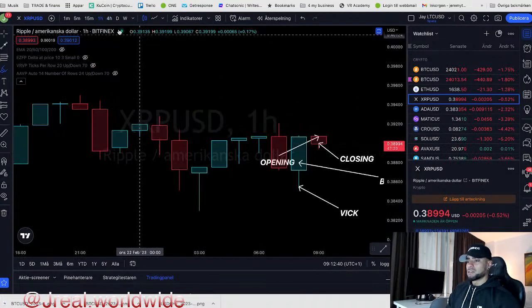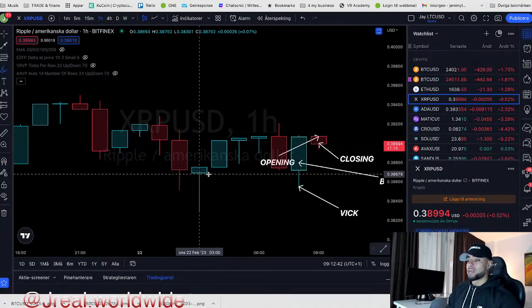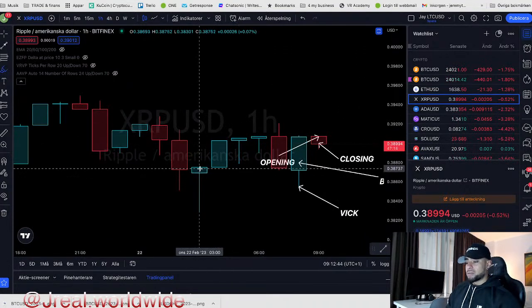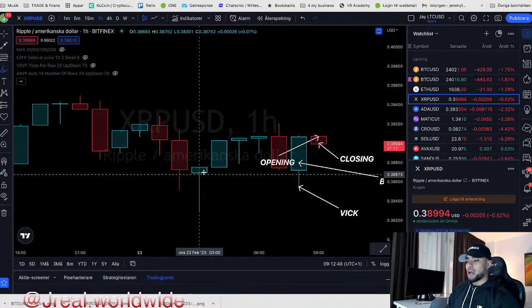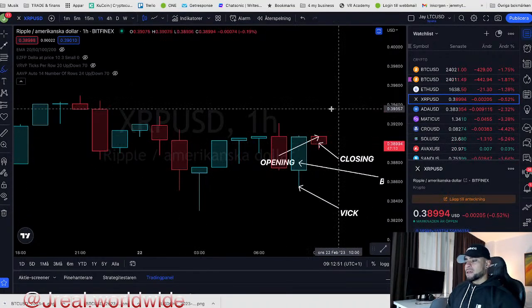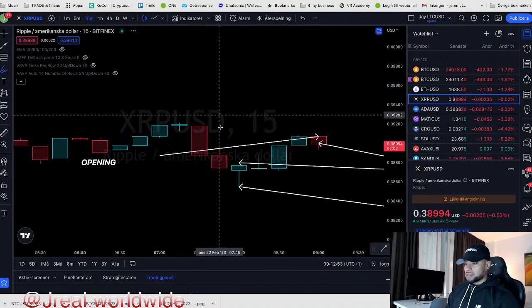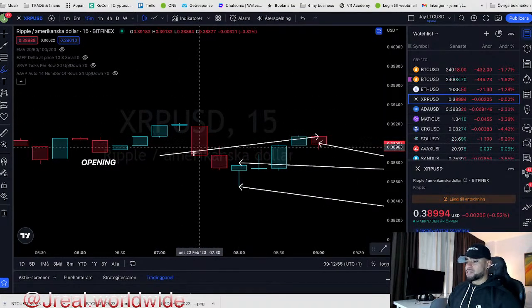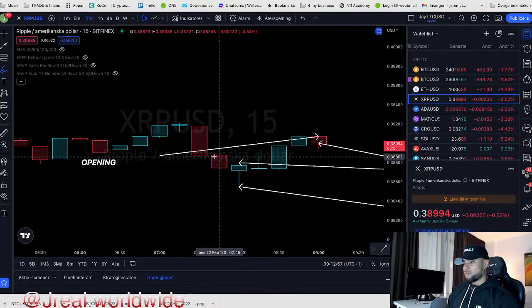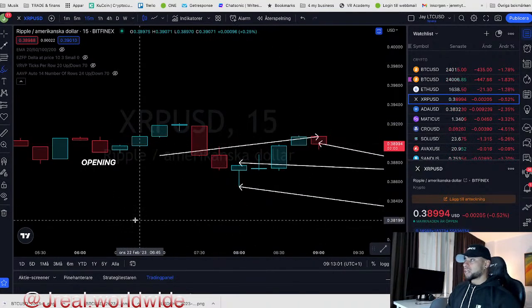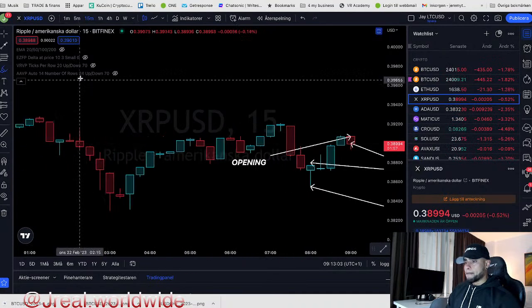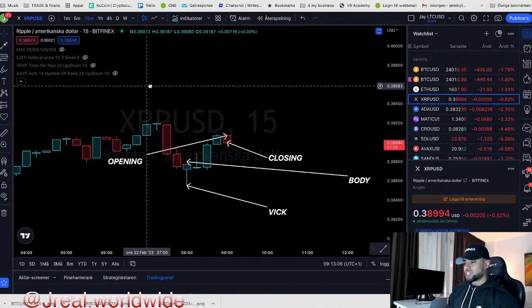Sorry, not the candle body, but the whole candle. If it's an hourly time frame, the candle represents 1 hour. This is what happened during its hourly time frame. If it's 50 minutes, then the candle represents 50 minutes. Every 50 minutes, it will form a new candle and a new candle and a new candle. So I hope you got that, people. And if you didn't get it, type it in the chat box.